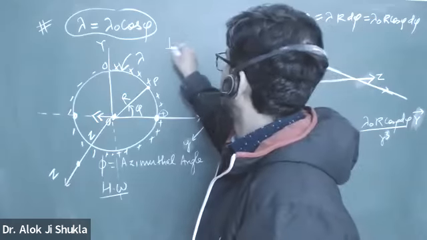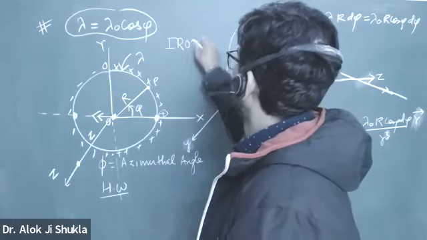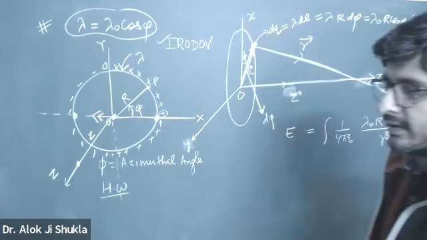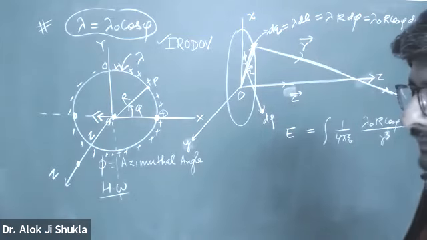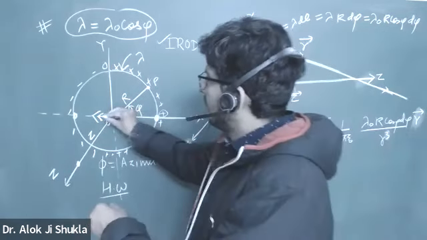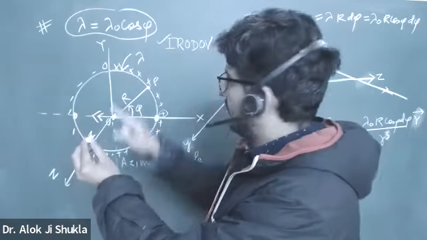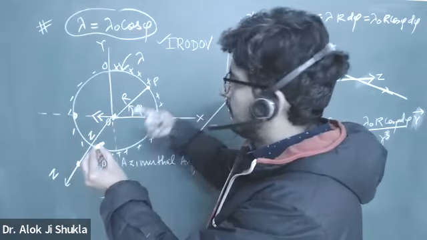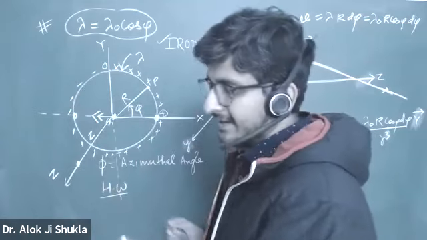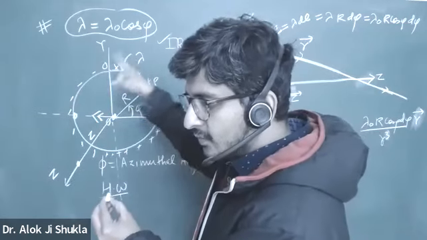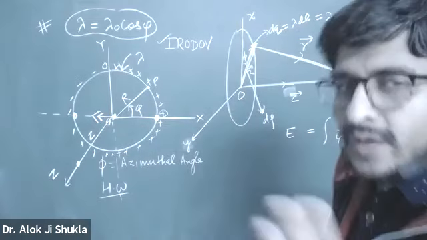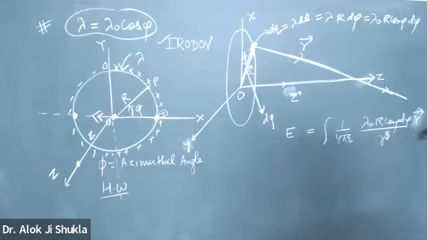And fundamentally it was given in Irodov, और उसके बाद सब ने पूछा है इसको, including TIFR. So ध्यान से देखो, suppose you want to calculate field here because of this. Here it is positive, so it is outside, but here it is negative, so it is towards this, so you can't add. Are you getting it? जैसे जैसे तुम इस पे move करोगे, the sign is changing. So first of all, you have to fix that. You can only integrate once the sign is fixed, the direction is fixed.